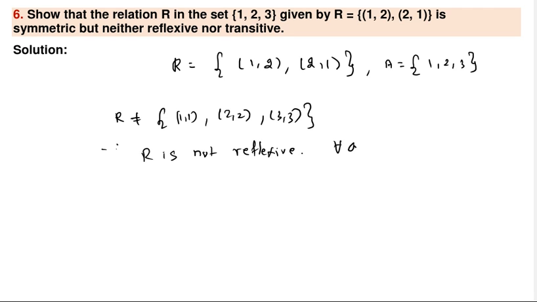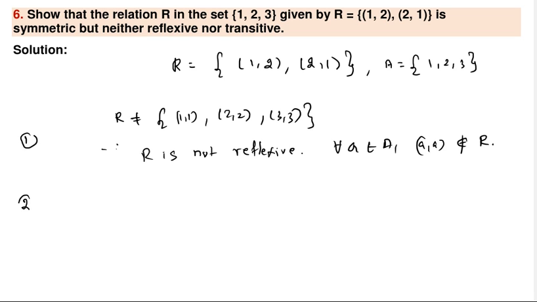That is, for all a in the set A, (a, a) does not belong to the relation R. This is enough. So the relation is not reflexive, the first part.